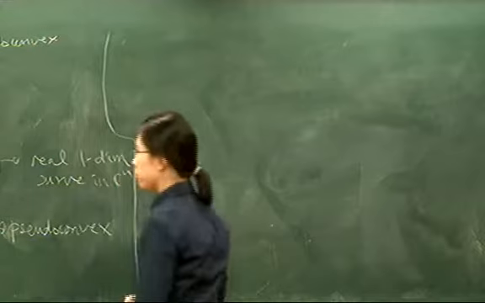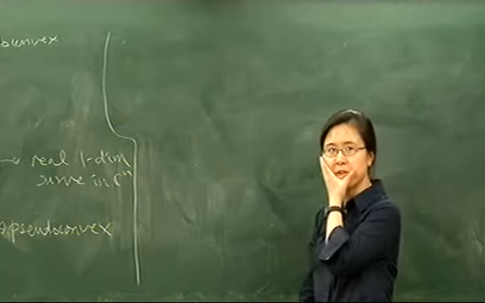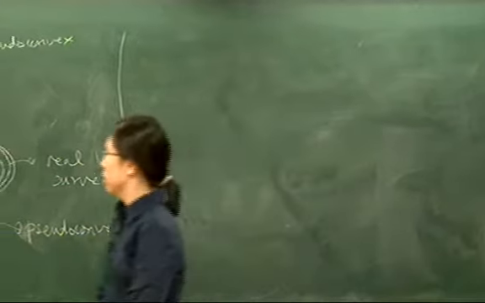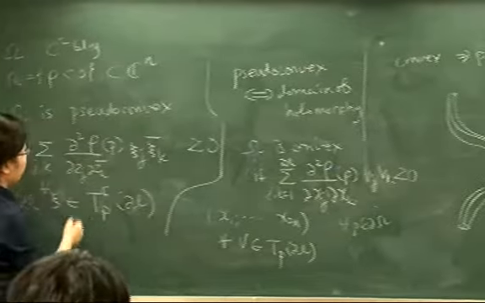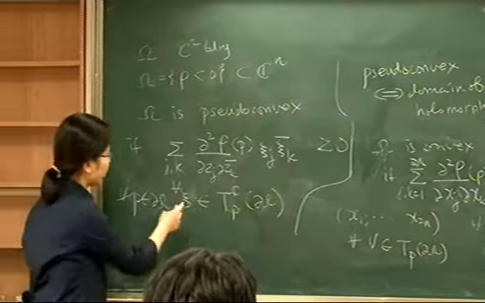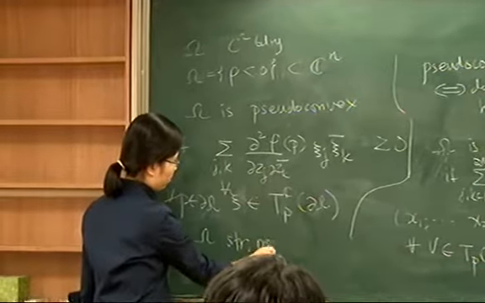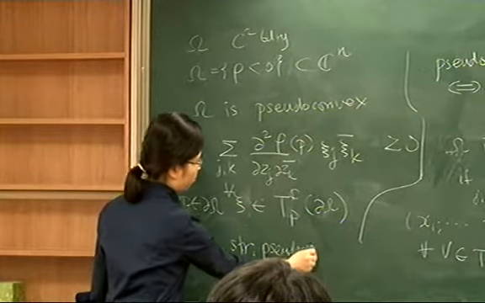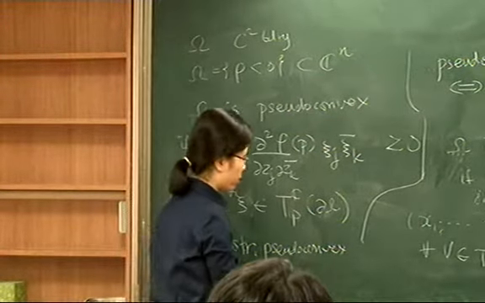So what do we know about the behavior of invariant metrics on pseudo-convex domains? By the way, here I add one more definition. We say omega is strongly pseudo-convex if we have strict inequality.